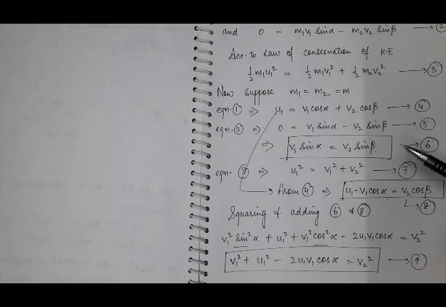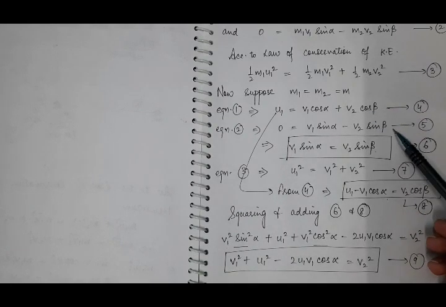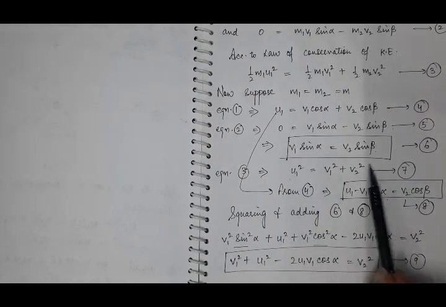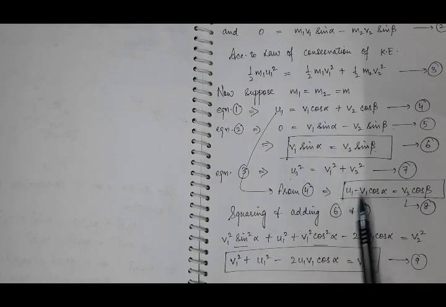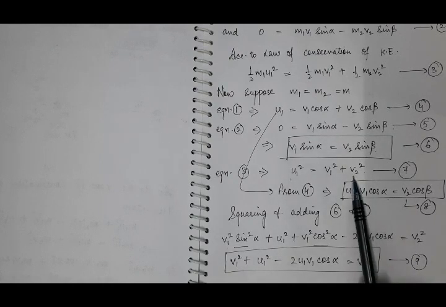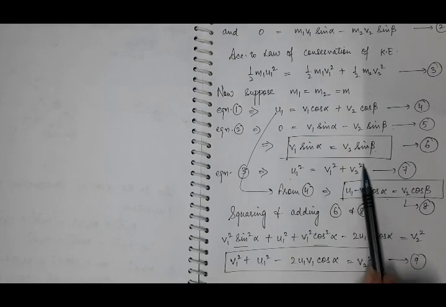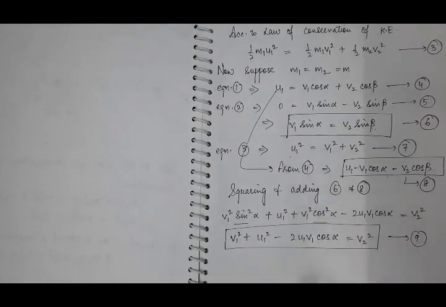Now we have used these two equations, equation 4th and equation 5th, and we have not used equation 7th yet. So see this equation 7th and equation 9th. On the right hand side we have v2 square, and from equation 7th we can put its value.